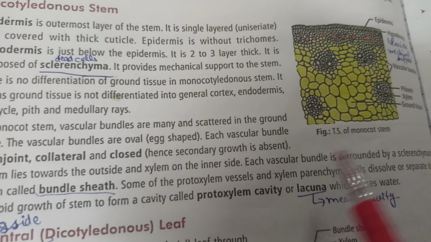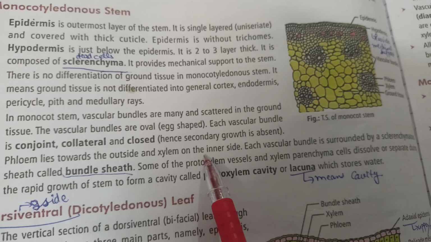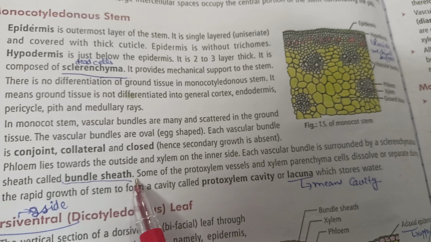and phloem lies towards the outside and xylem is on the inner side. Here in this structure we can say that phloem is outside and xylem is inside, right? So each vascular bundle is surrounded by a sclerenchyma sheath called bundle sheath.